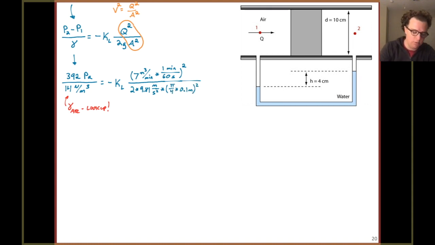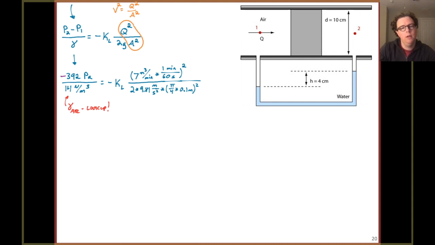This was a pressure drop, so I'm just going to remind you that it should be minus 392, because the pressure at 2 is lower than the pressure at 1. On the right-hand side, minus KL, which we still don't know.